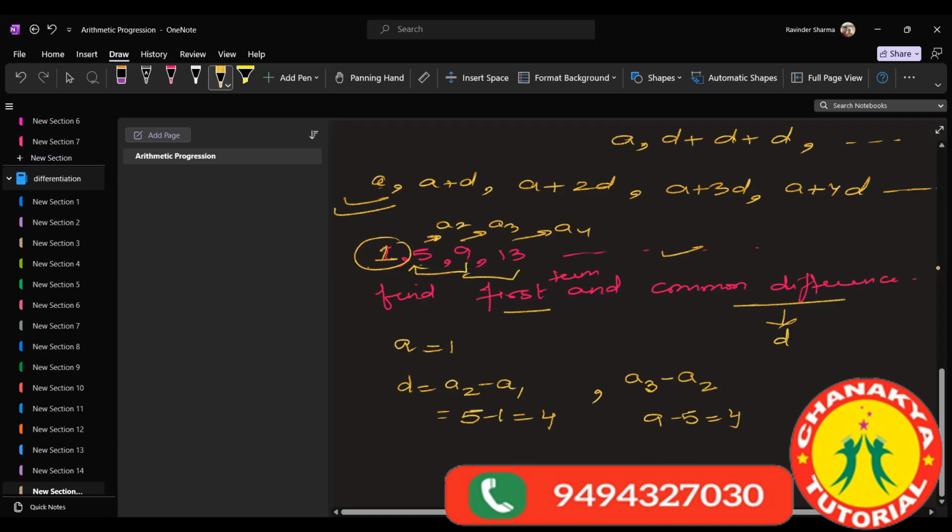Then the fourth term minus the third term, 13 minus, sorry, 13 minus 9 you will write. So 13 minus 9 is again 4. So your common difference is 4 and the first term is 1. Yes, children, all have understood? Grade 10?